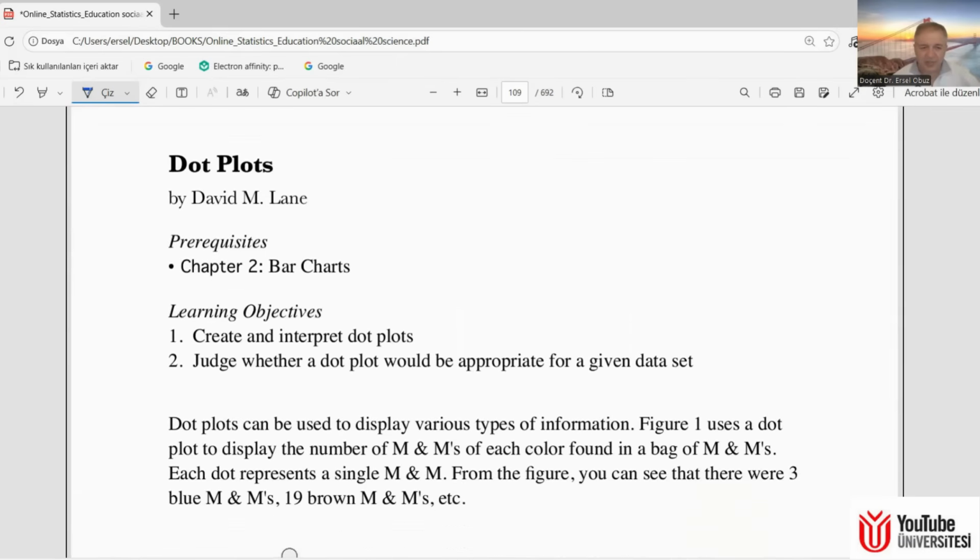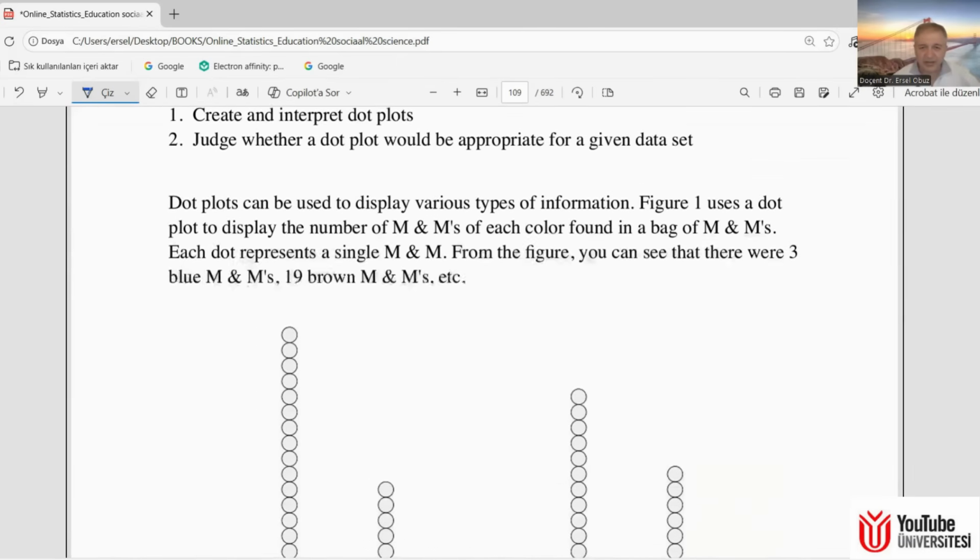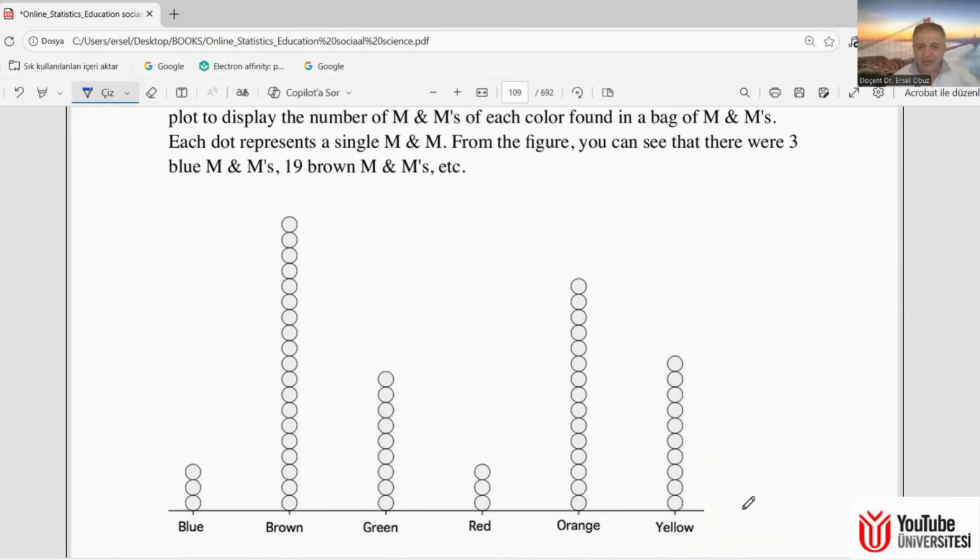Let's check the dot plots. You see, in dot plots, you have different colors of M&Ms. You may remember this question. Okay, so brown, how many? This many, right? Green, this many. Red, this many. Orange, this many. Yellow, this many. And then blue, this many. So only 3 blue M&Ms. Whereas like for brown, we have 90.